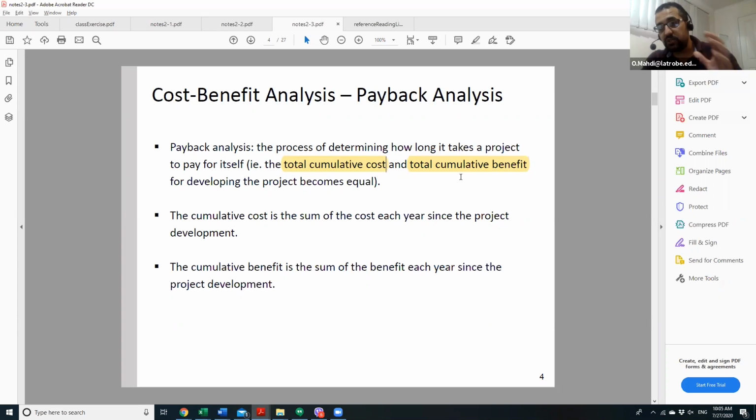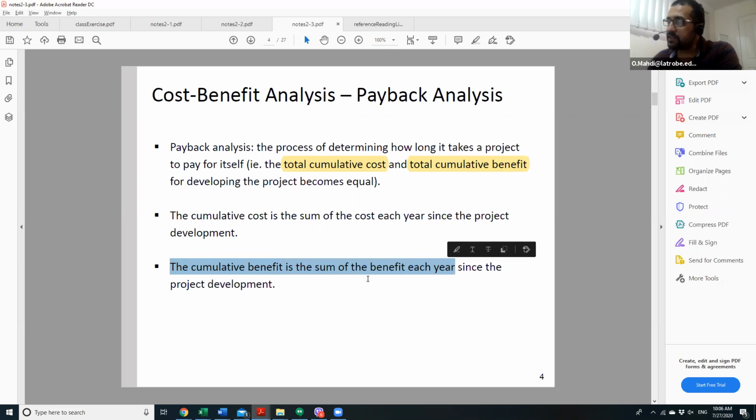We calculate the cumulative cost and cumulative benefits, and based on those we make our decision: do we proceed with developing this project or not? The cumulative cost is the sum of the cost each year since the project development. The cumulative benefit is the same, the sum of the benefit each year since the project development.